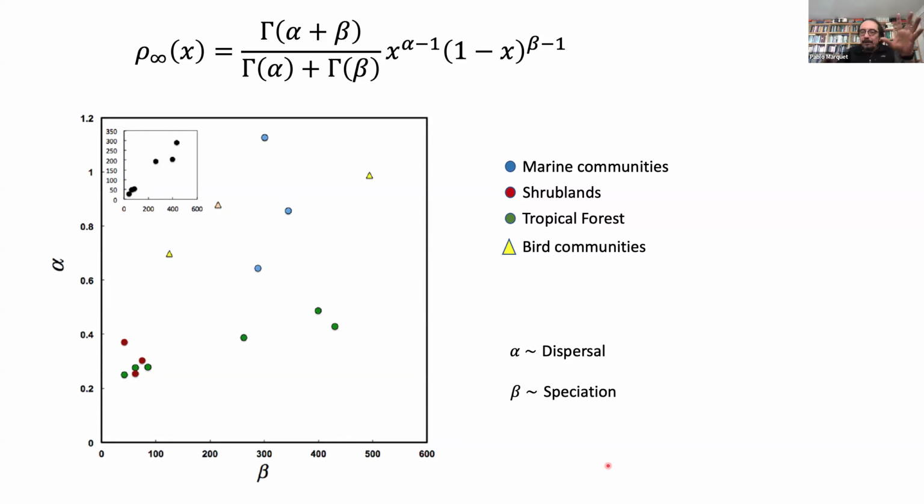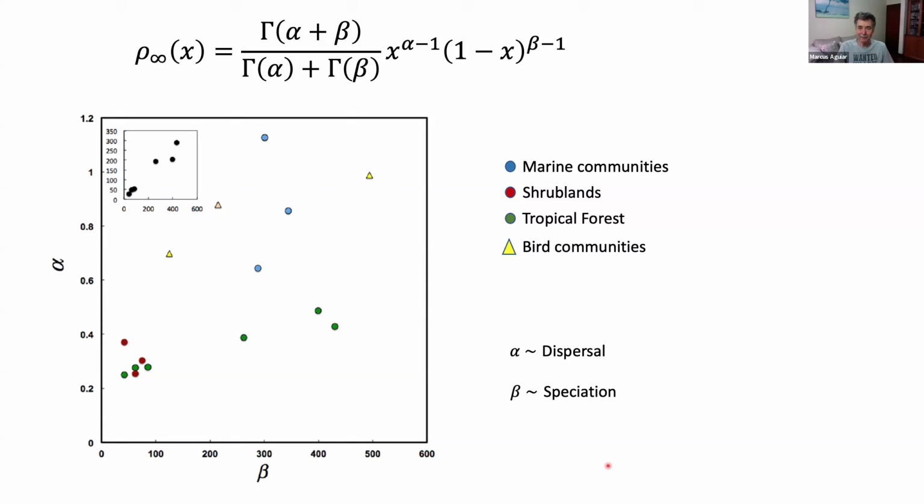So different groups have different combinations of these parameters. So we are just trying to understand, probably by building a model where we can have more control, which might be a good thing. But the beta is really, really powerful.